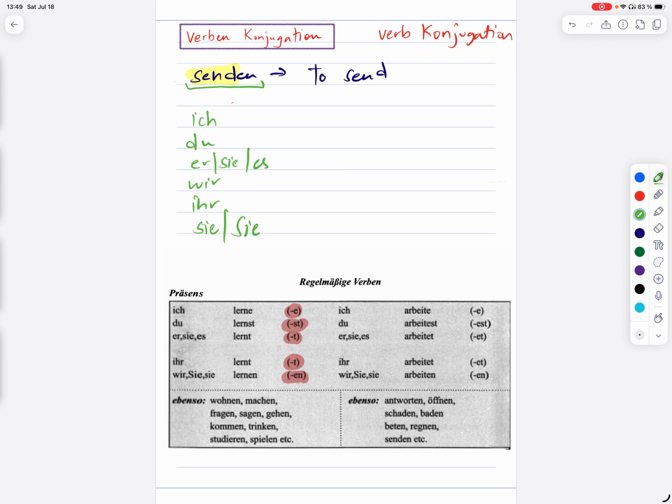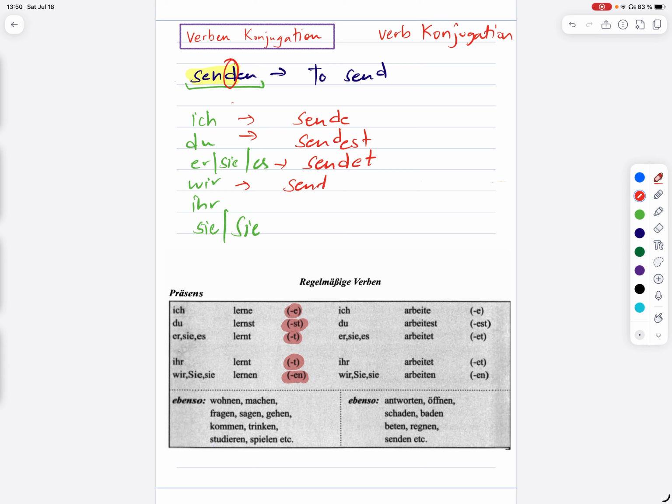So let's do that. So for ich, it will be sende. We have an e ending. Then du would be sendest, st, but we add an extra e here, so sendest. Er, sie, es sendet, right? Normal t, but we have an extra e for this case of verbs because we had this d ending in the stem form.